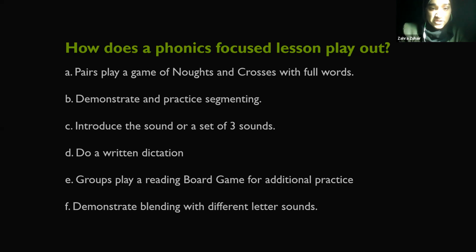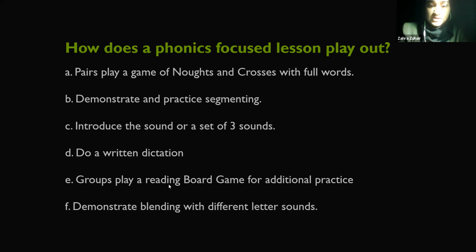So after we introduce the sound, we demonstrate blending with different letter sounds. And after we demonstrate blending, we have to then get them to practice their blending, which is the first step for reading. And so pairs play a game of noughts and crosses with full words. I'll show you in a bit how this game is played.